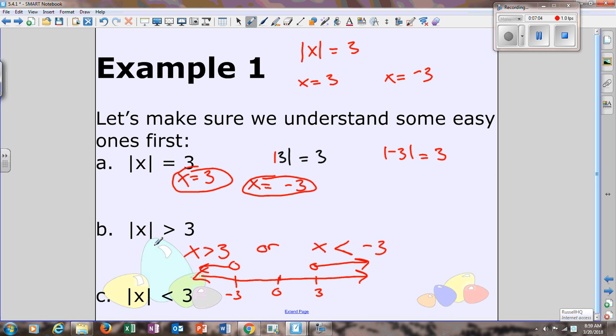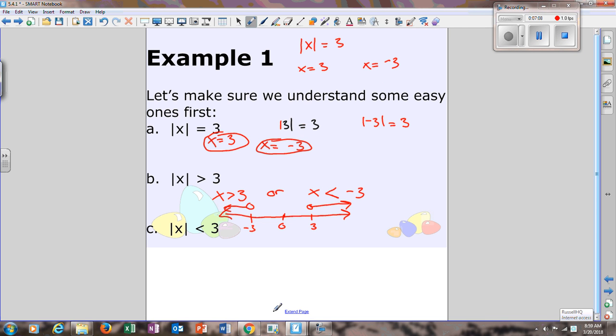If it's a less than sign here, remember, we leave it exactly the same. Make it negative. Now we made it negative again, so we have to flip the direction. So it's going to be greater than -3 and less than 3.